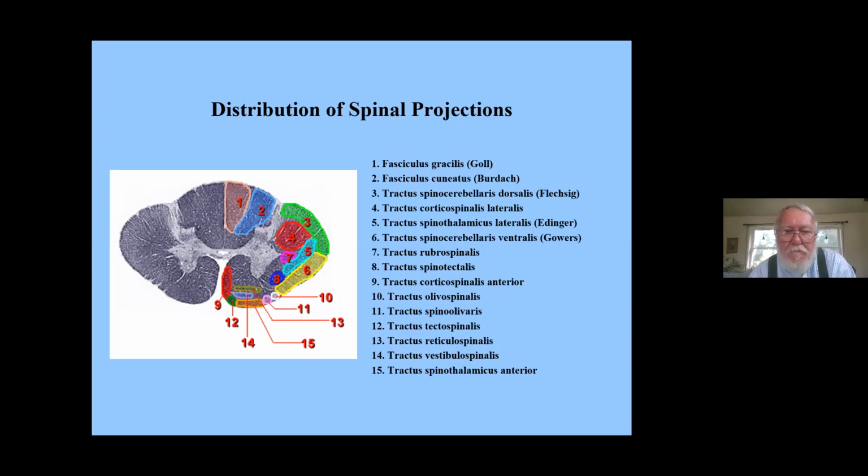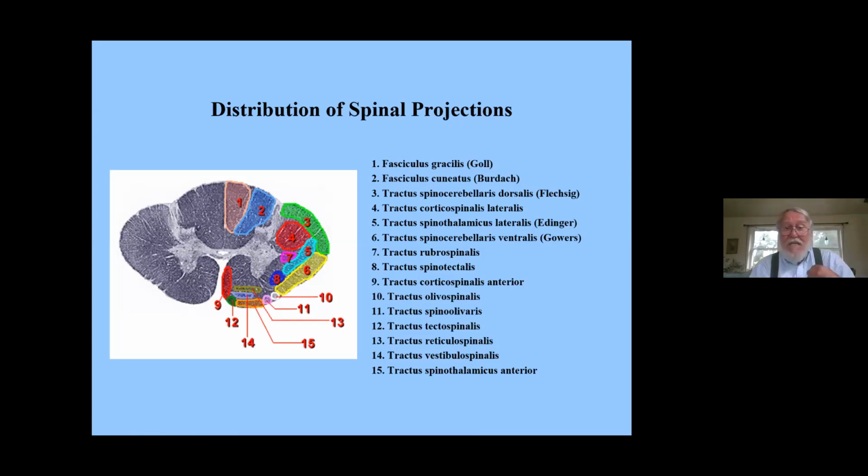Now, where we saw the lateral corticospinal tract, now let's look at number 5. Number 5 is the lateral spinothalamic tract. So whereas the corticospinal tract is going what?